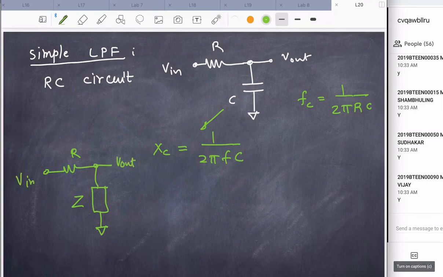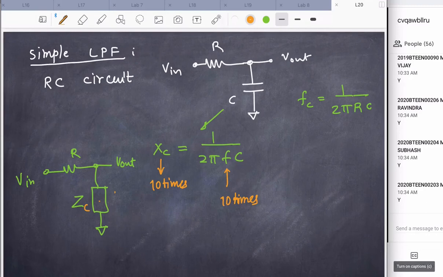If we observe here, if I increase the frequency 10 times, the Xc drops 10 times. Everybody agrees with this? Okay. And therefore, since Zc is dropping, the output will also drop nearly 10 times.